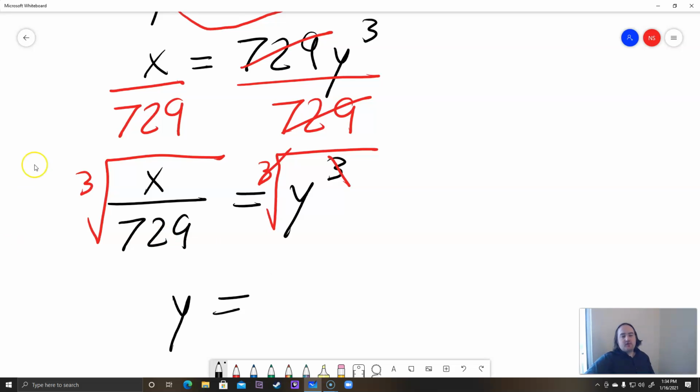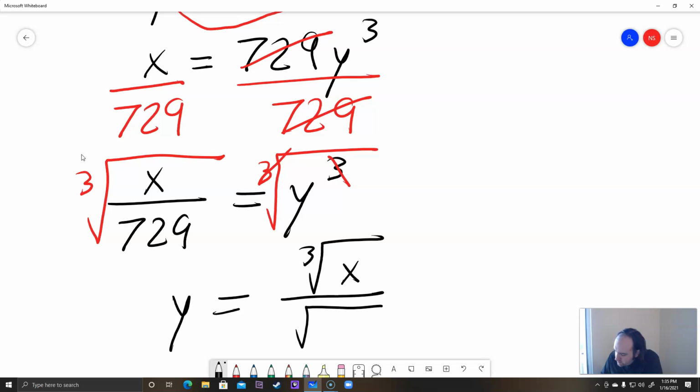Now remember, if you have a radical applied to a fraction, you can actually distribute the radical to the top and the bottom. I don't know if you remember that, but you are allowed to do that. So I can distribute this cube root to the top and the bottom. On the top, I'm going to have cube root of x, and on the bottom, cube root of 729.